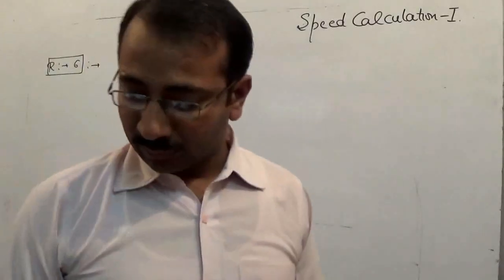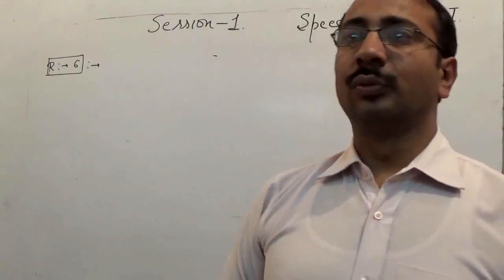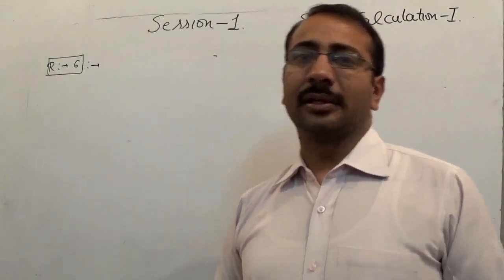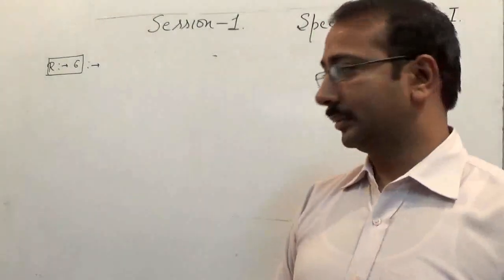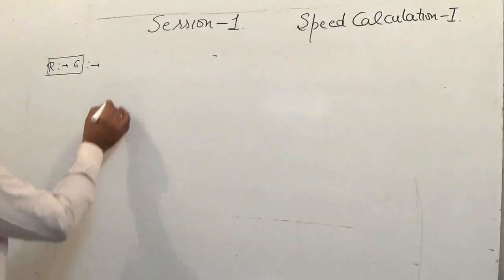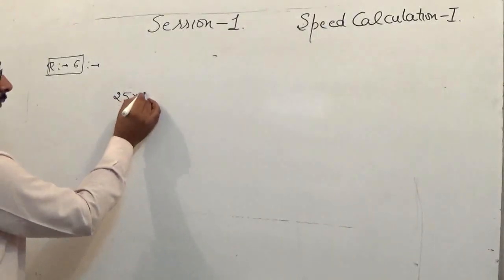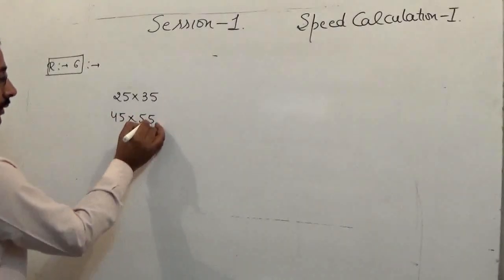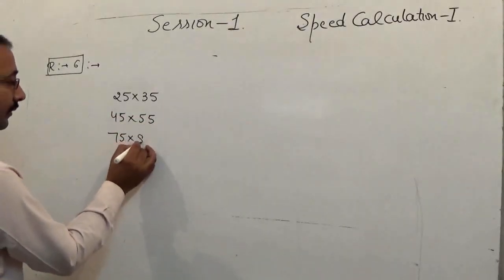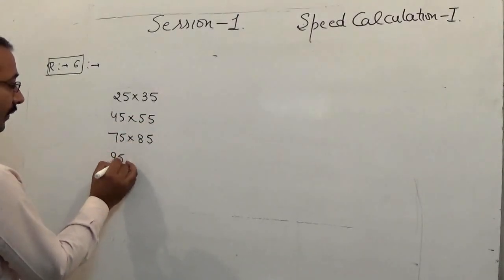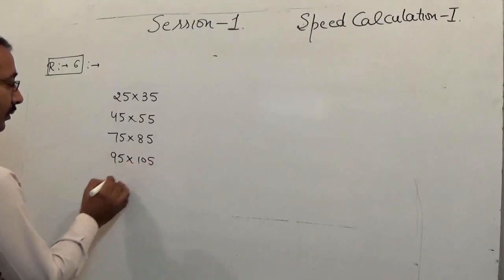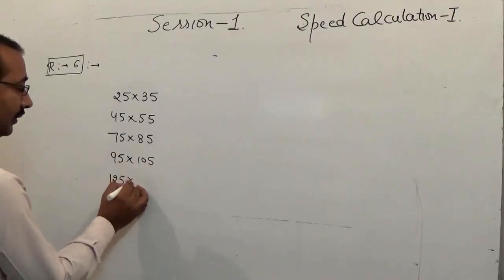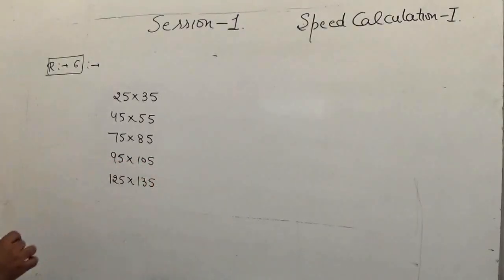When we consider rule number 6, this rule talks about multiplication of two specific numbers. For example, 25 into 35, 45 into 55, 75 into 85, 95 into 105, or 125 into 135.